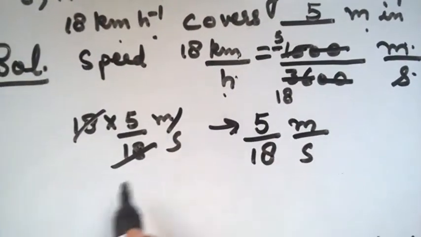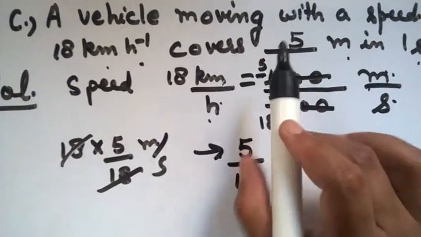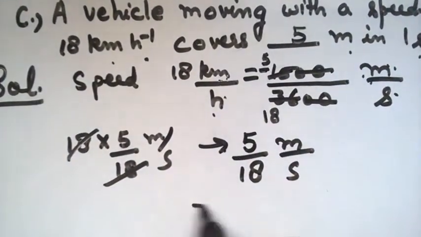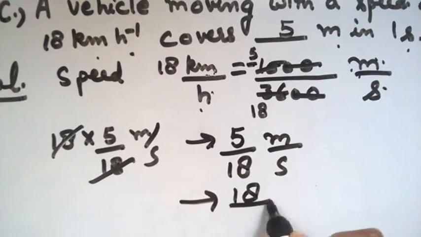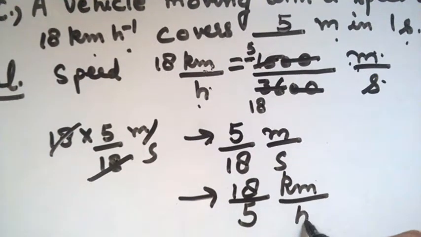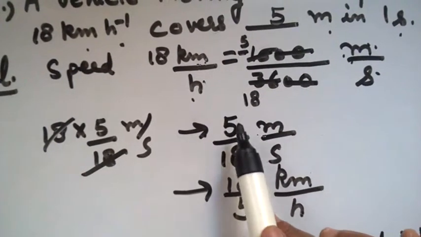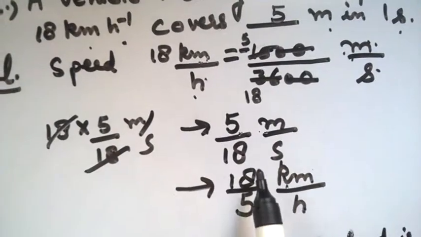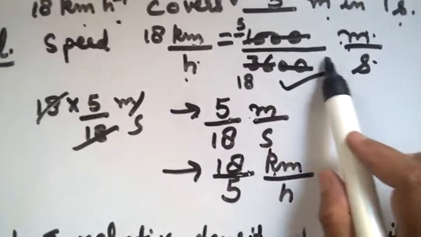And if we want to convert from meter per second to kilometer per hour, that is from smaller unit to higher unit, then we will multiply it with the higher number, that is 18 by 5. That is, if we want to convert it into a smaller unit, we multiply with the smaller number. If we want to convert it into a higher unit, we multiply with the higher number. So we will get the same answer which we have achieved from this.